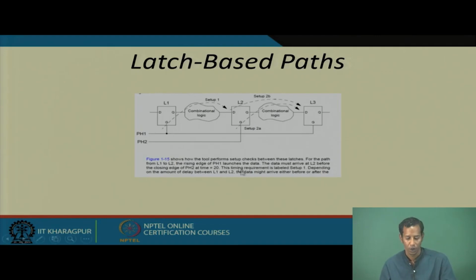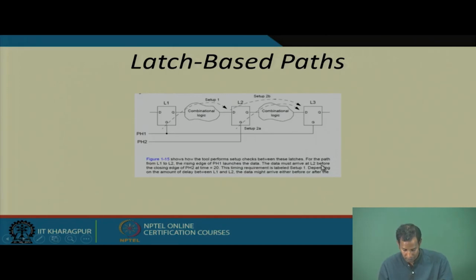Okay. So, the same circuit configuration, if we consider it for a latch based design, what will happen? Here you see we have this latch based design, these are replaced with latches, and inside we again have this combinational path.